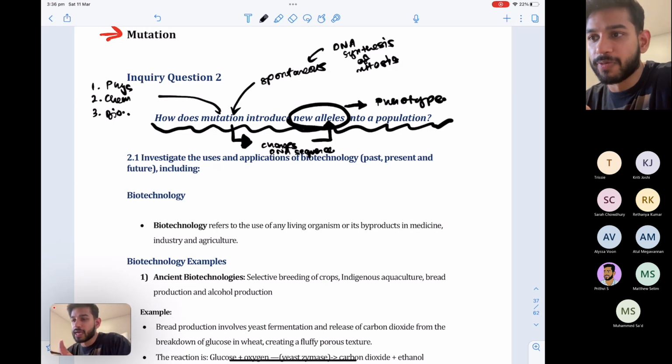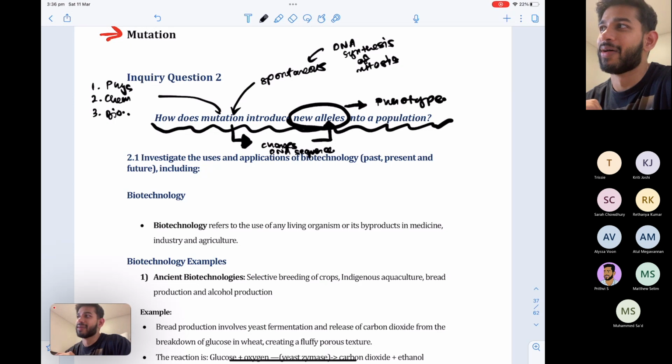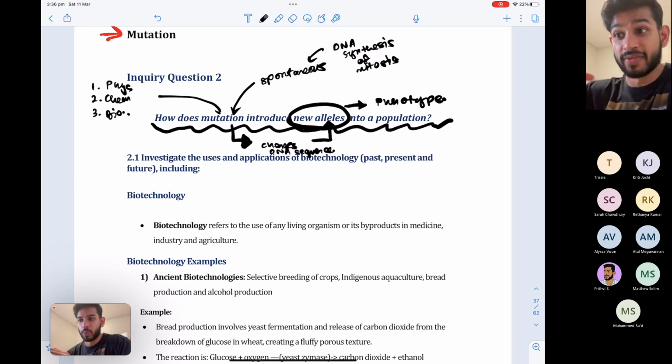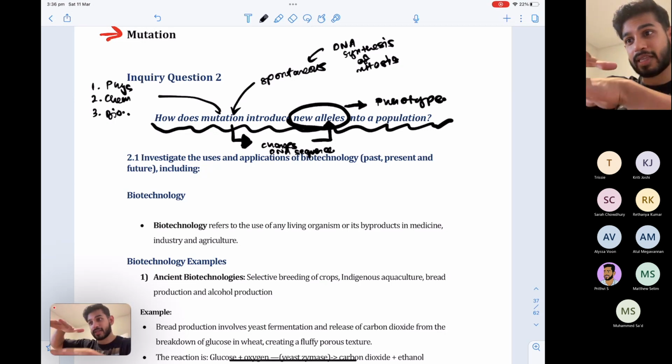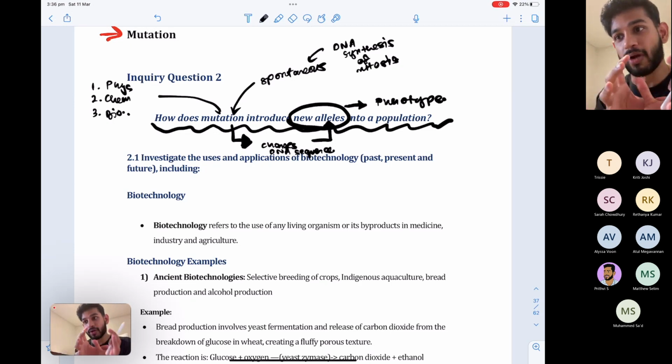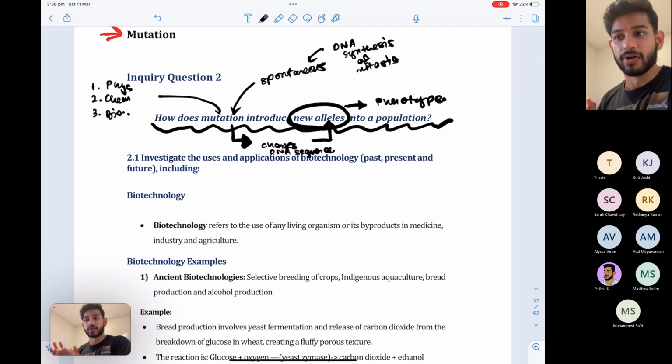I'll give you a perfect example of that. Beer or alcohol production is a biotechnology. The reason is, if anyone's gone on a wine tour, I remember when I was in 3rd grade or 6th grade, we saw how I think convicts made wine. We went on a little excursion and we'd have to step on grapes, and it's the yeast in the grapes, which are on the feet, that will then ferment the sugar in the grapes to make alcohol.